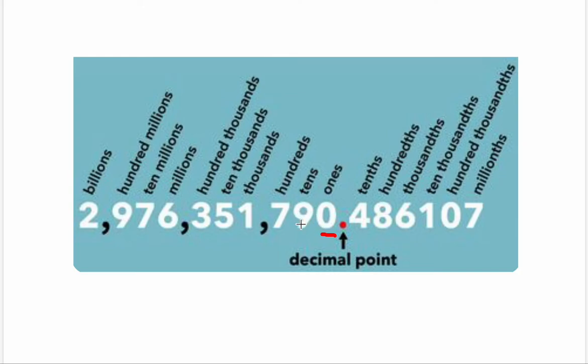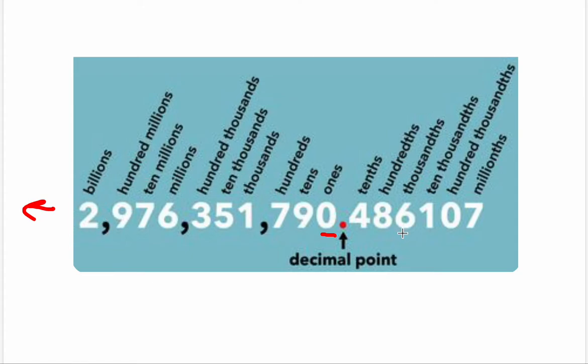Then next over is your tens place, hundreds place, thousands place, 10,000s, 100,000s. Most people are pretty good about those first six. Then it starts getting more complicated. Then we have millions, 10 millions, 100 millions, and then billions.